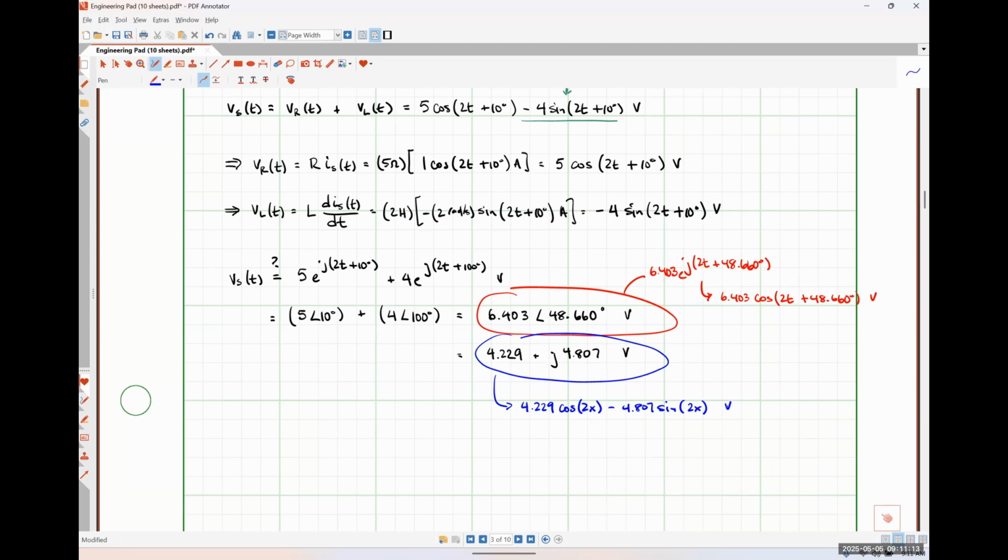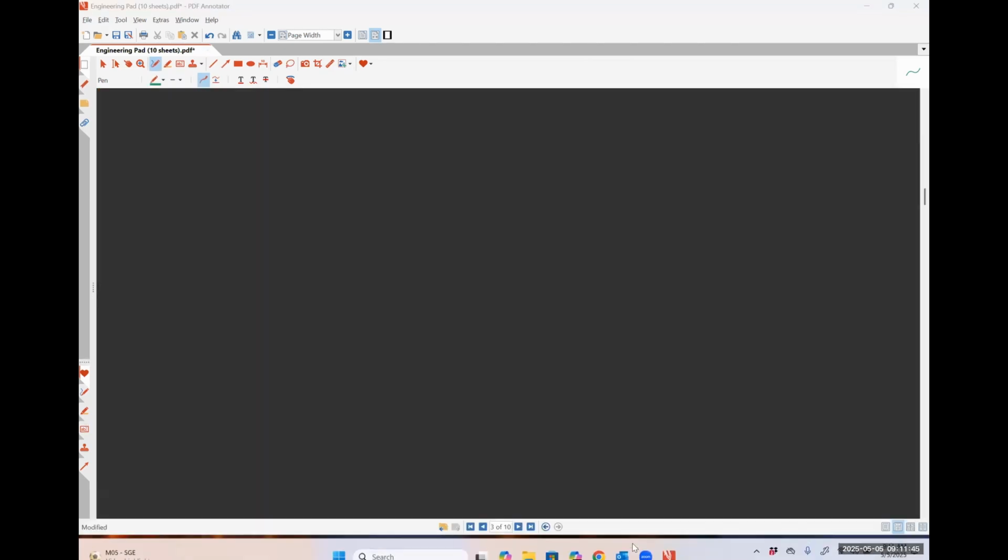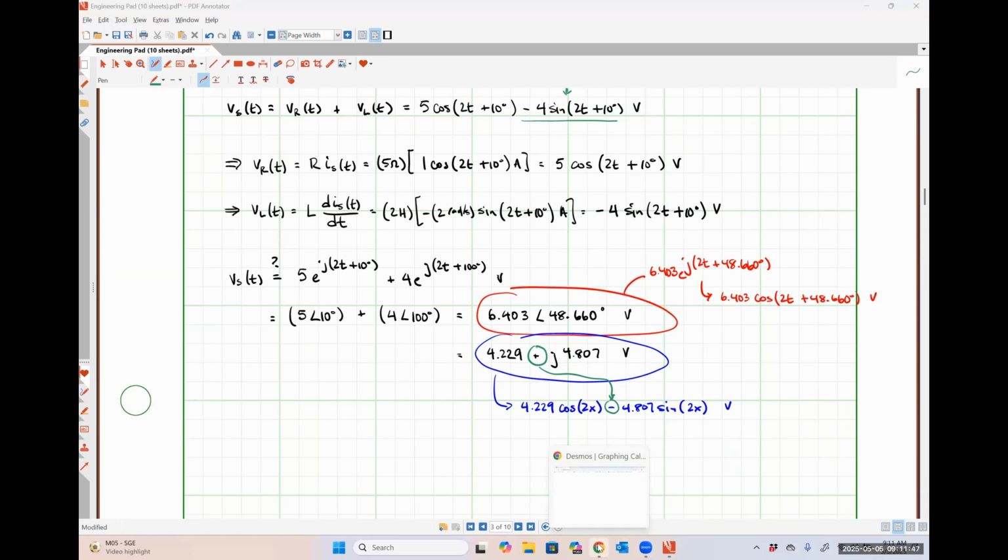Okay, I want you to notice that a plus sign on the imaginary part winds up giving you a minus sign when you have it expressed as a combination of a cosine function plus a sine function, okay? That actually comes from one of those trig identities that I'm skipping showing you today because it's not really worth your time. But we can prove it here really quickly just to assuage your fears or whatever.